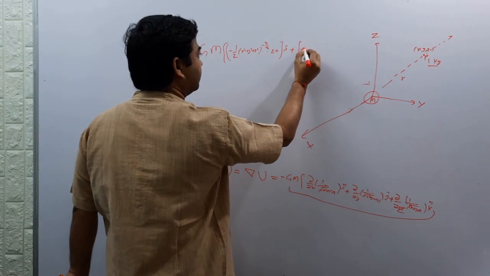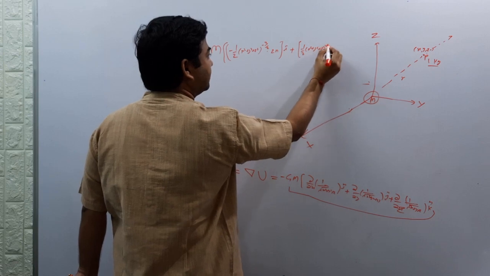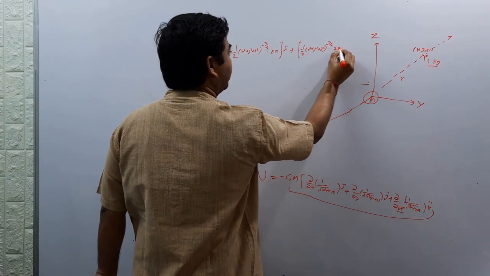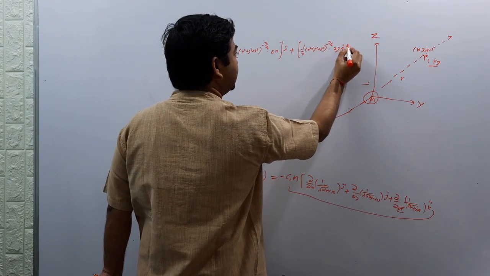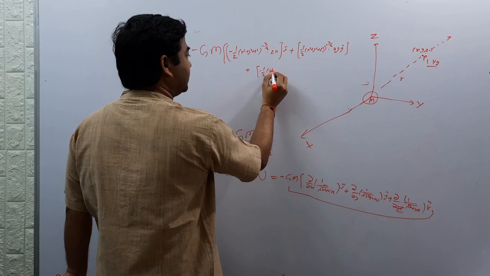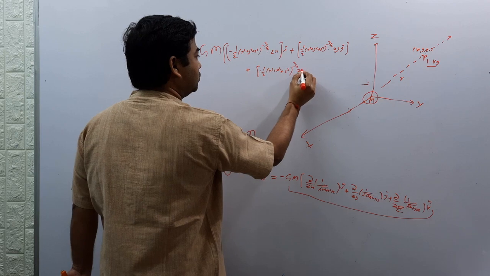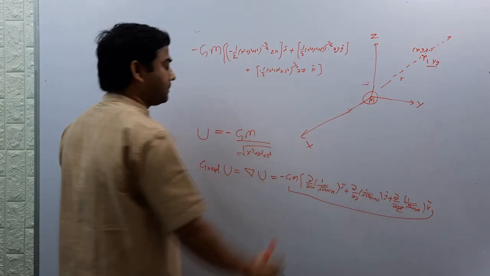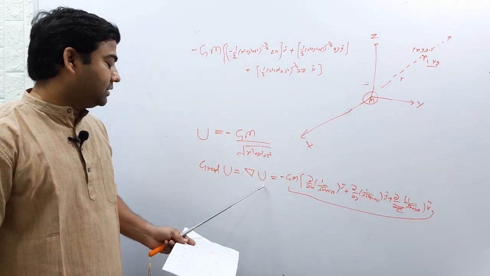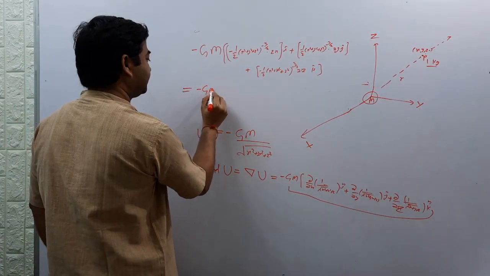Similarly, minus 1 by 2 into x square plus y square plus z square to the power minus 3 by 2 into 2y j plus minus 1 by 2 into x square plus y square plus z square to the power minus 3 by 2 into 2z k. So we have partially differentiated this potential energy function. We got this, minus Gm.